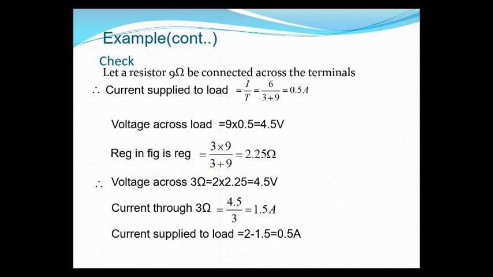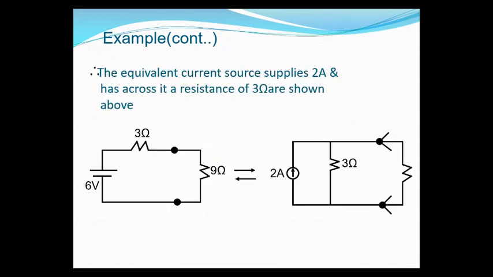So here the current flowing through this 9 ohm resistor is only 0.5 amps. This is the first case, in voltage. So 0.5 amps is flowing through the 9 ohms resistor with the voltage source in series with 3 ohms. In the same way, after source transformation, the same current has to flow in the 9 ohm resistor.